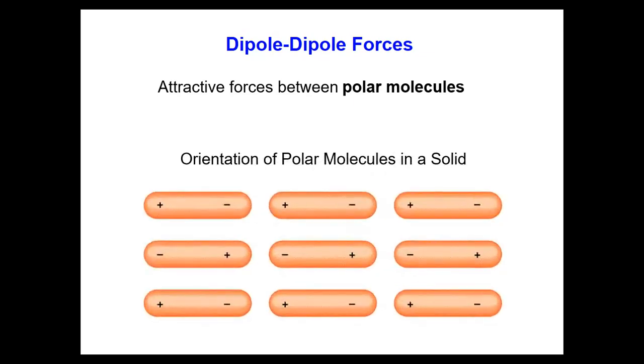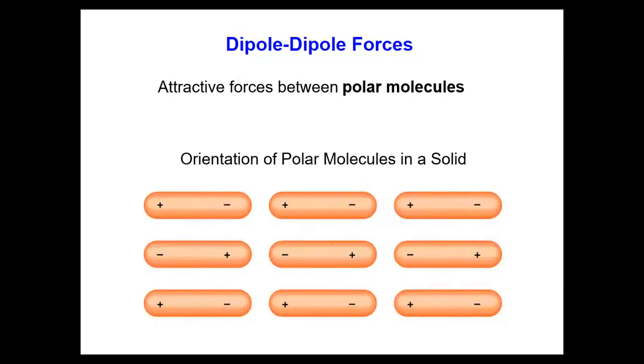Okay, the next type of van der Waals force are dipole-dipole forces. Polar molecules will have that London dispersion force we just went over, and on top of that, they will also have a dipole-dipole force. If we look at a bunch of polar molecules, they all have partially positive, partially negative ends on each of the molecules.